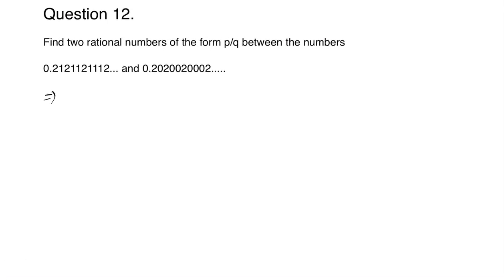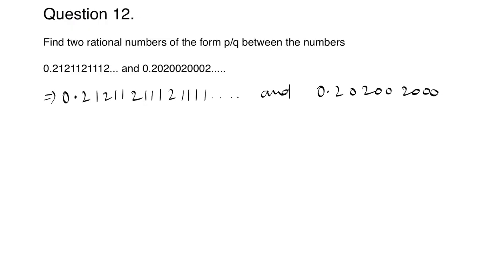Let's say we write rational numbers between these two irrational numbers.